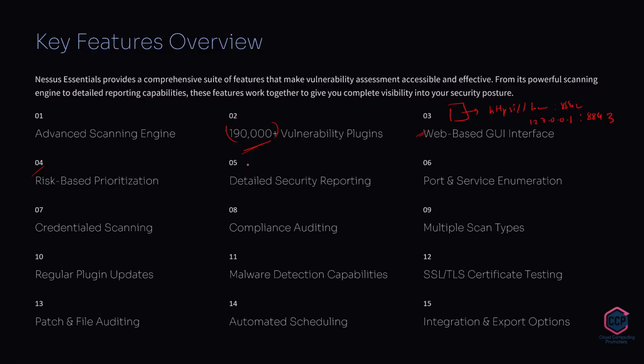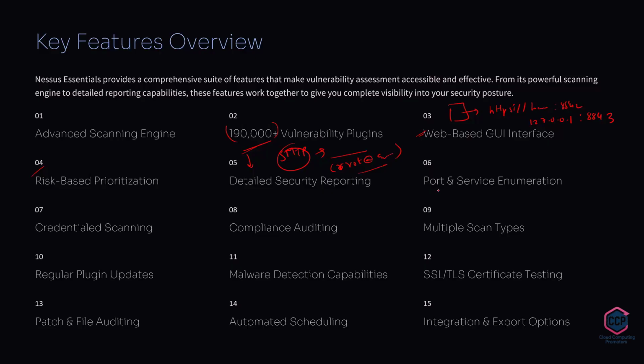And detailed security reports, it will give us a detailed security report via the SMTP protocol, the Simple Mail Transfer Protocol, where we can attach any domain, something like a Gmail address. We can configure that.